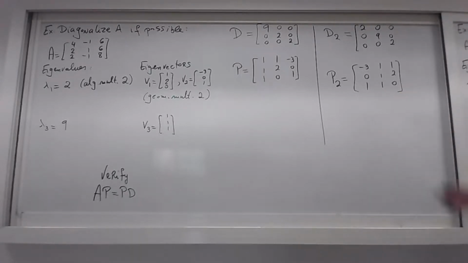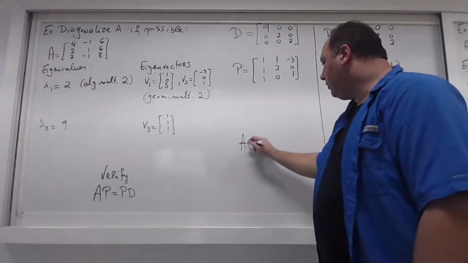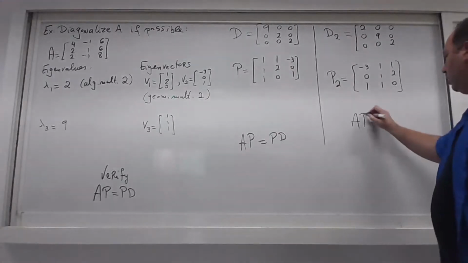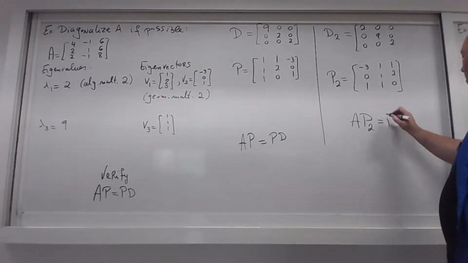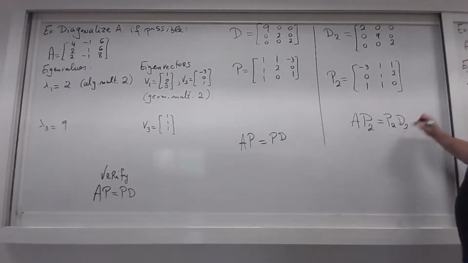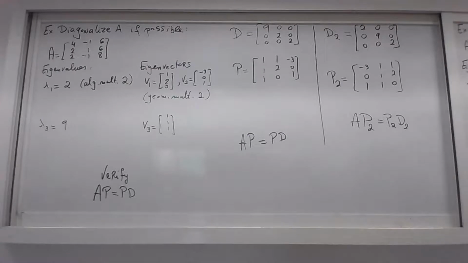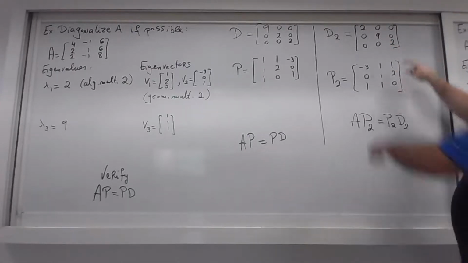Okay, so that's it. By construction, if you check, you'll have AP equal to PD. And here, if you check, you'll have AP2 equal to P2D2. You don't need to. It's going to work automatically by construction. Just follow the order. Which one do you put first for these two?